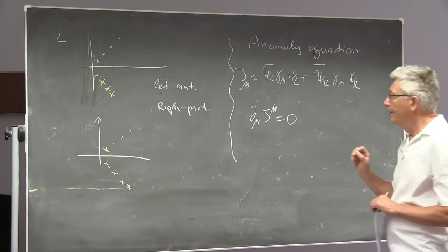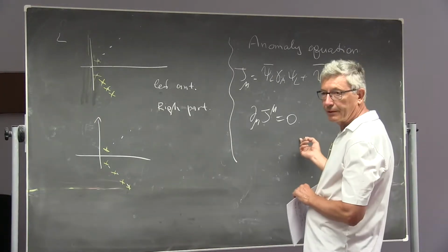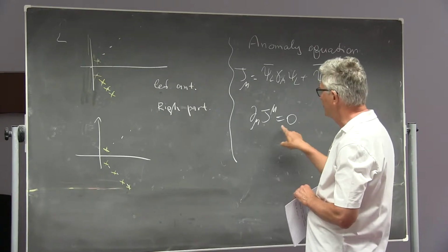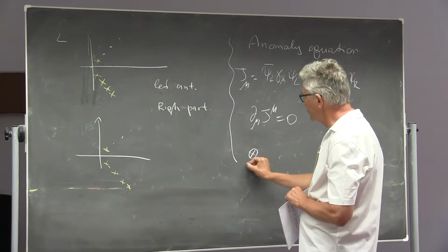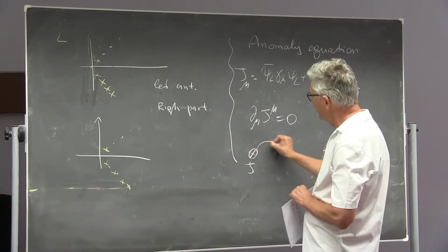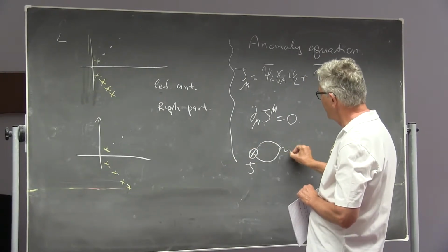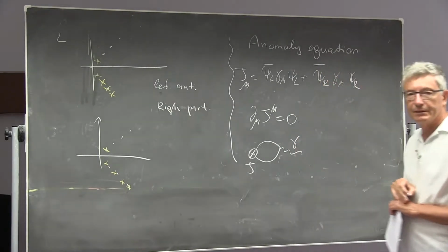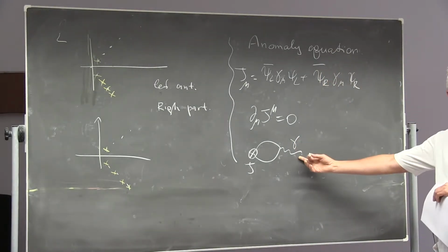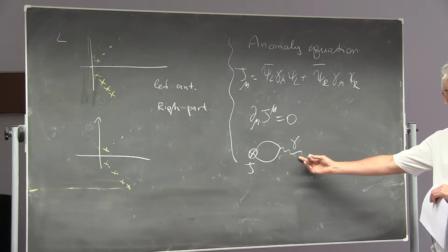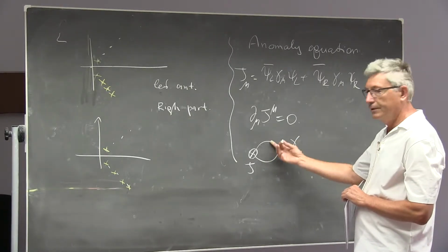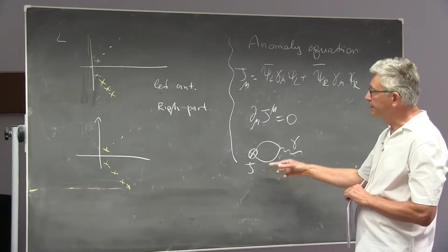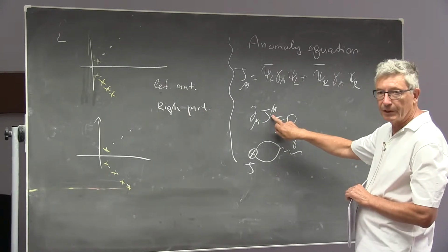So what would be the diagram which you have to look at? There is a dot which corresponds to the current, there is a fermion loop, and then there is again the gauge part. And here the point is that you regularize the current in such a way that it is gauge invariant.